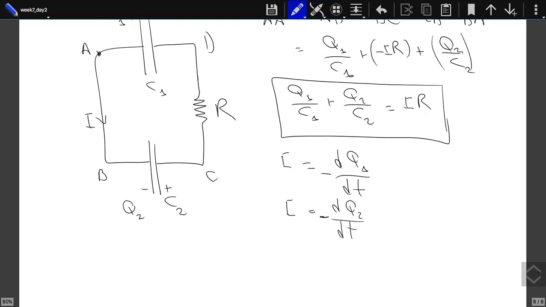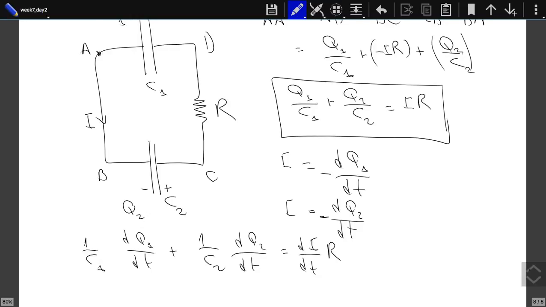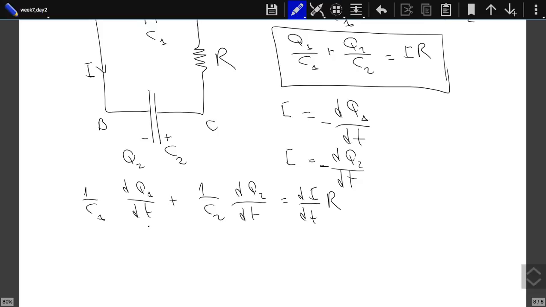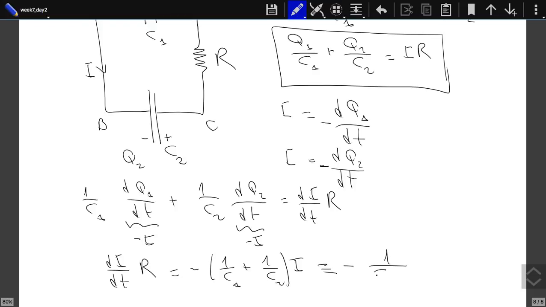Now, if I take the time derivative, 1 over C1 dQ1 by dt plus 1 over C2 dQ2 by dt will be equal to dI by dt times R. Well, dQ1 by dt, we had already determined that it was minus I. This is also minus I. So we find that dI by dt is equal to minus (1 over C1 plus 1 over C2) times I. Let's just call that combination 1 over C equivalent times I. Do you agree?